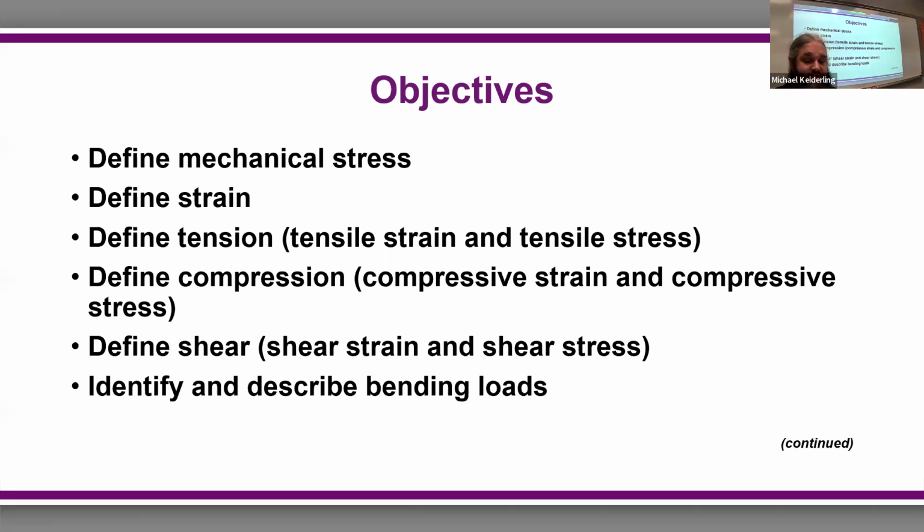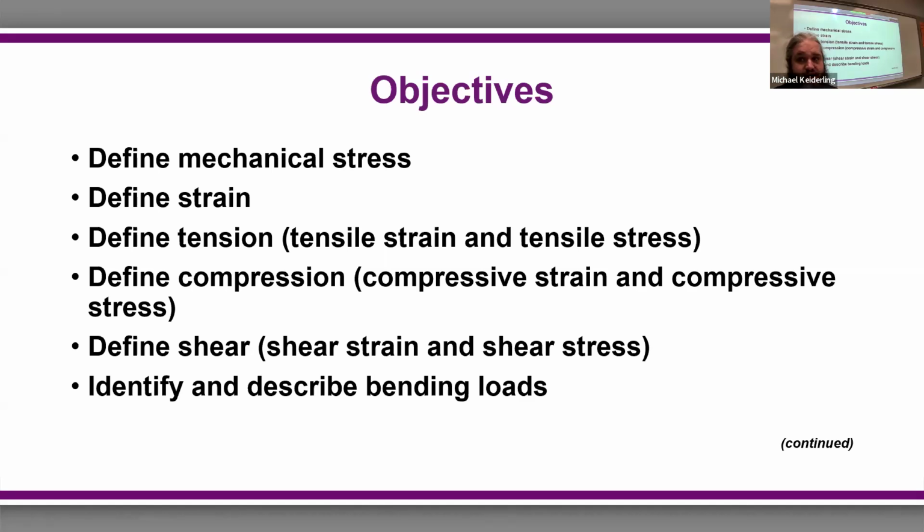So we'll define mechanical stress, we'll define strain, we'll define tension, as in tensile strain and tensile stress. We'll define compression, compressive strain and compressive stress, and we'll define shear strain and shear stress. Those are the 3 types of stress and strain that can occur on a material, and often materials will have different properties with regards to those 3 types of stress.